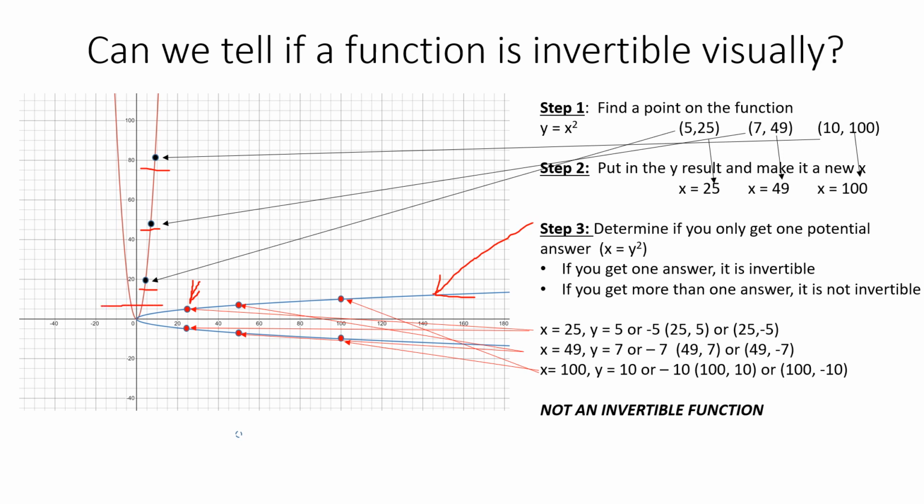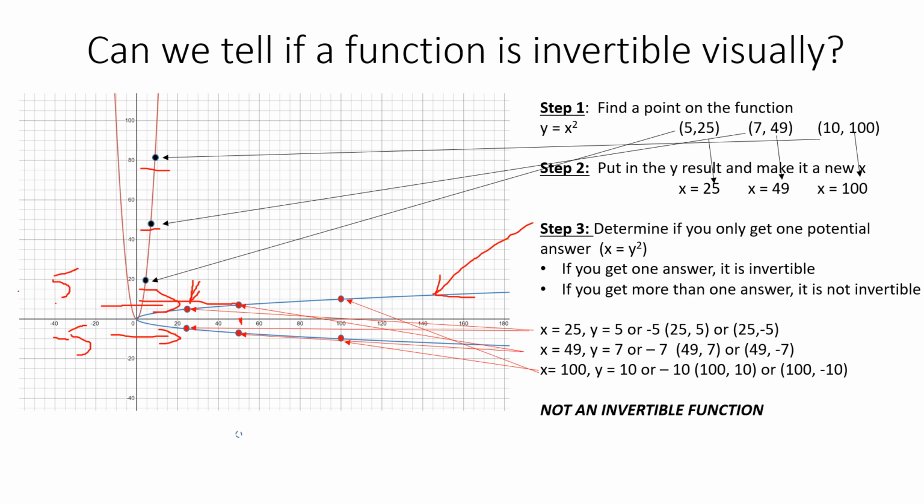It is 5 for y, and I get 25, but I don't know if I should put negative 5, which also gives me 25, negative 5 squared and 5 squared. Same thing as when I put in 7 on y, and I get 49 here on the x-axis.